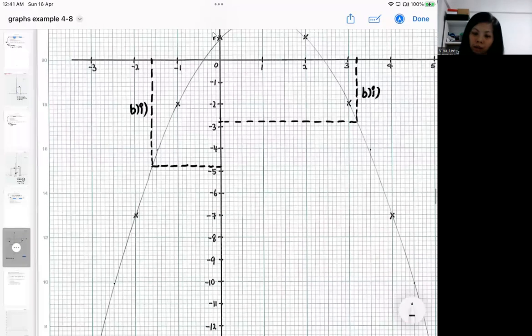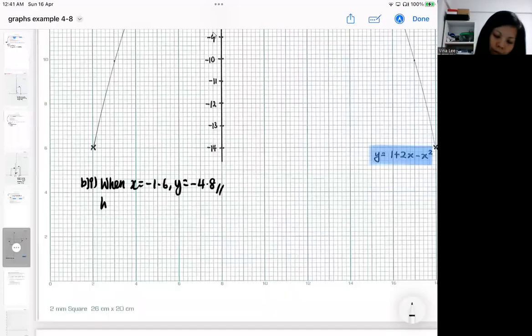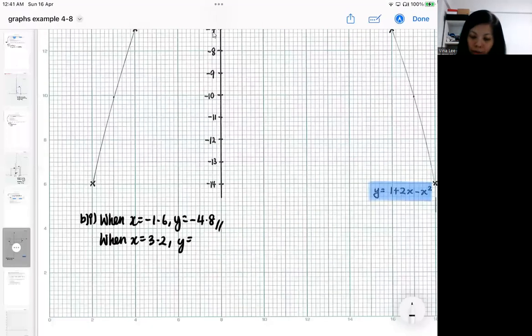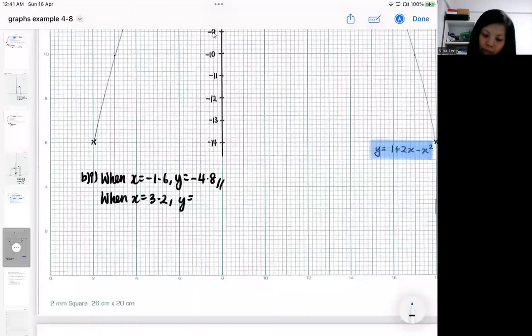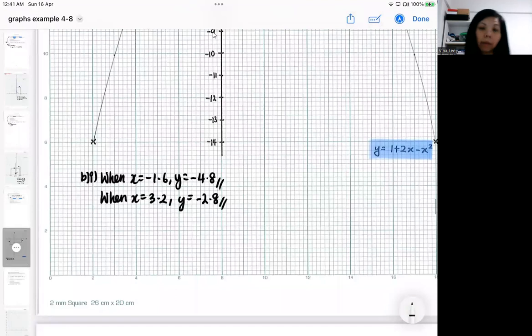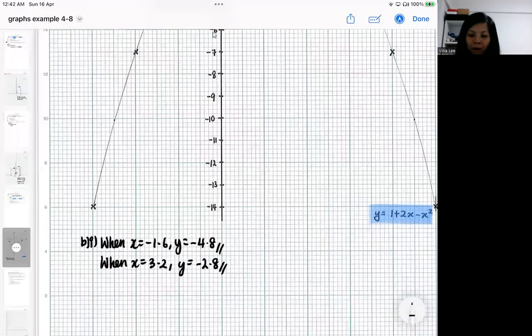So indicate that this is B part 1 again. So when x is equal to 3.2, the y that we gotten is minus 2.8. So don't dump values. Tell me what is it? Is it an x or is it a y?